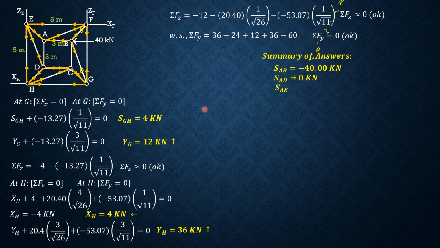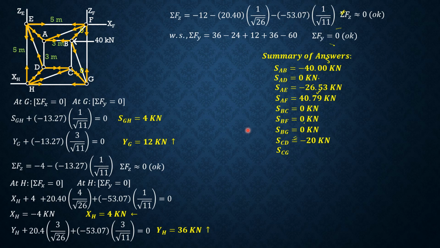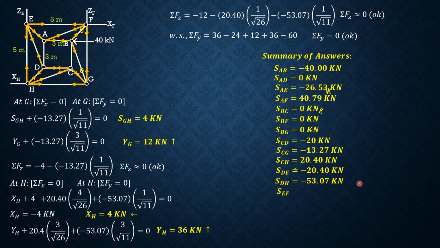SAB negative 40, SAD 0, SAE negative 26.53, SAF 40.79 kilonewtons, SBC 0, SBF 0, SBG 0, SCD negative 20, SCG negative 13.26, stress in CH 20.4 kilonewtons, stress in DE negative 20.4 kilonewtons, stress in DH negative 53.07 kilonewtons, stress in EF 12 kilonewtons, stress in EH also 12 kilonewtons, stress in FG 4 kilonewtons, stress in GH 4 kilonewtons.